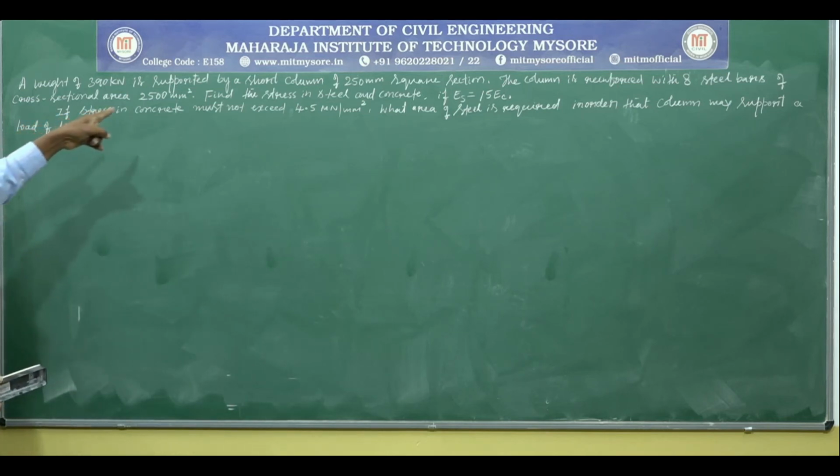A weight of 390 kilonewton is supported by a short column 250 millimeter square in section.